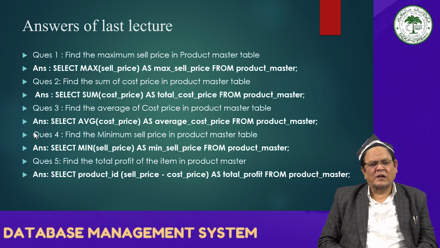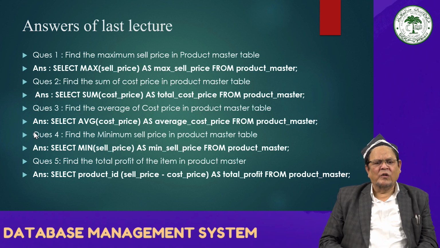The second question was, find the sum of the cost price in product master table. I hope you have already practiced this query, but I am giving the expression. How do you write the query?